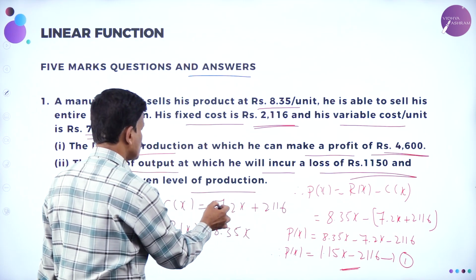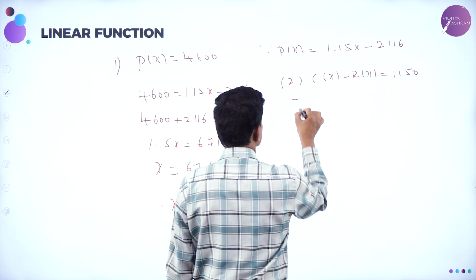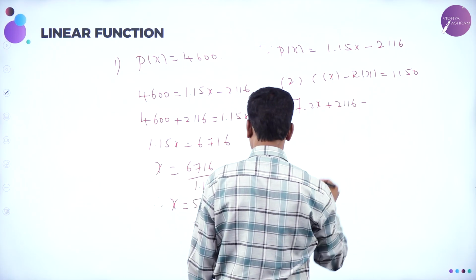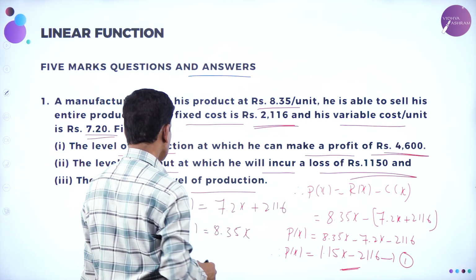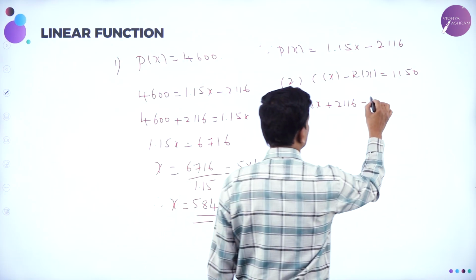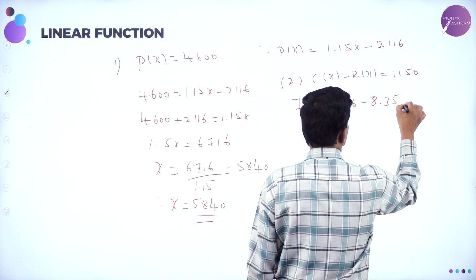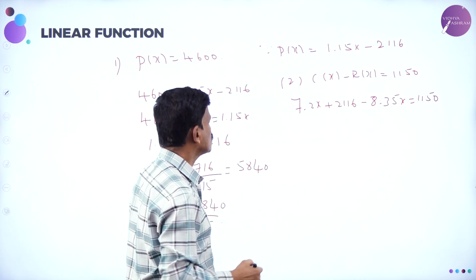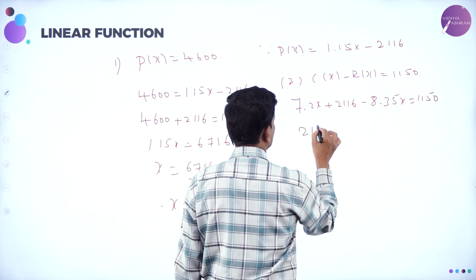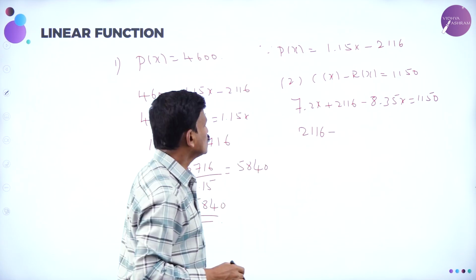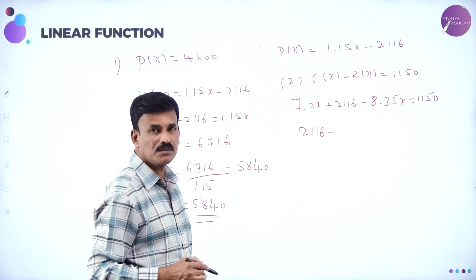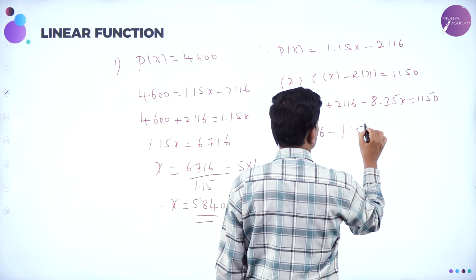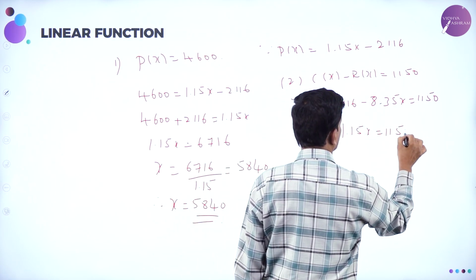We have C of x as 7.2x plus 2116 minus R of x, 8.35x, is equal to 1150. Simplify this. This is 2116 minus 7.20x minus 8.35x, which is minus 1.15x, equal to 1150.